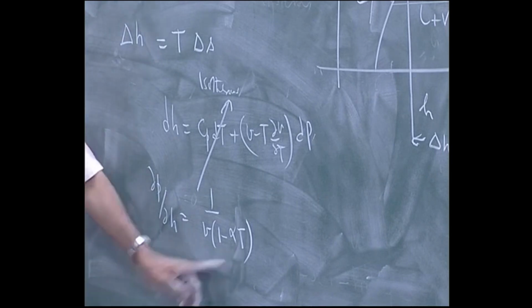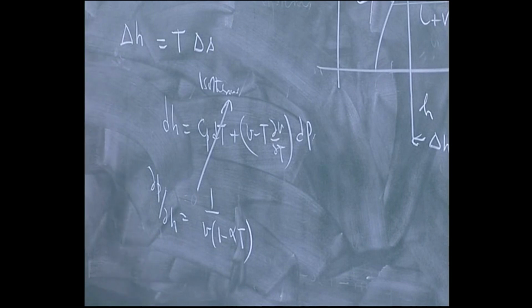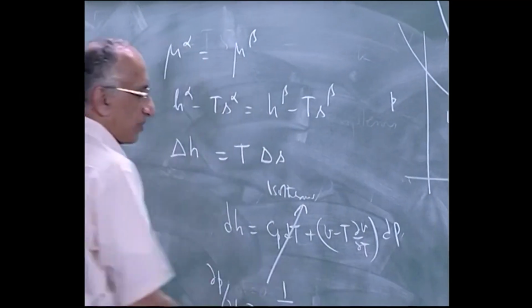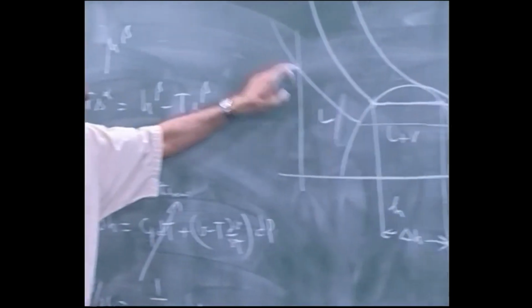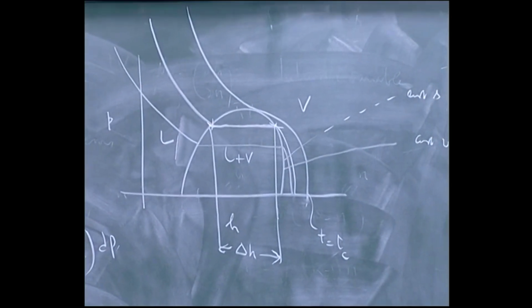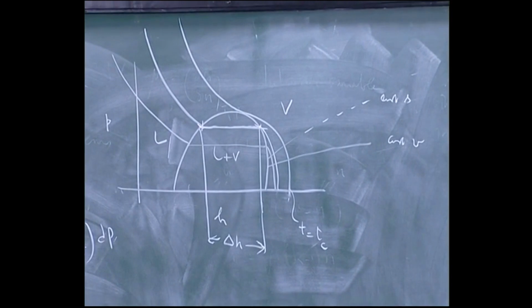For an ideal gas alpha T becomes 1 and therefore you get infinite slope in those lines. Here also the slope is reasonably steep because 1 minus alpha T becomes somewhat small. Here actually 1 minus alpha T is non-zero but V itself is small in the liquid region. So you get high pressures, you get steep slopes.